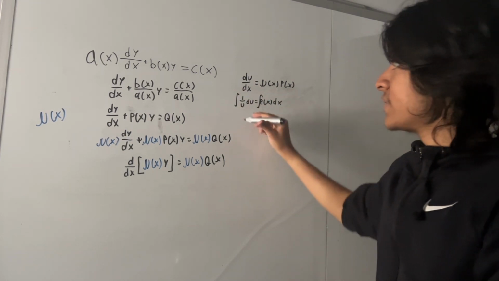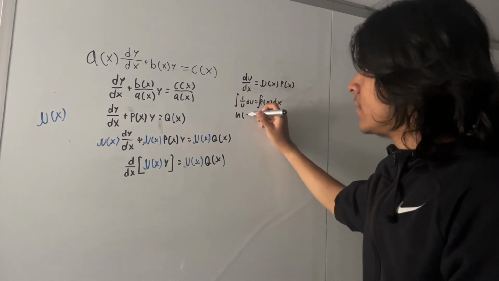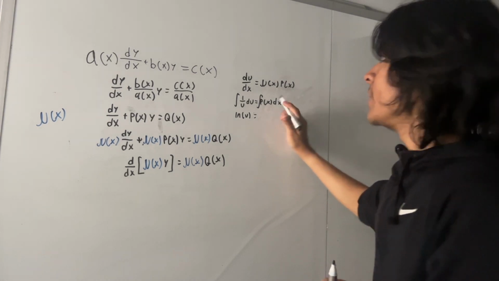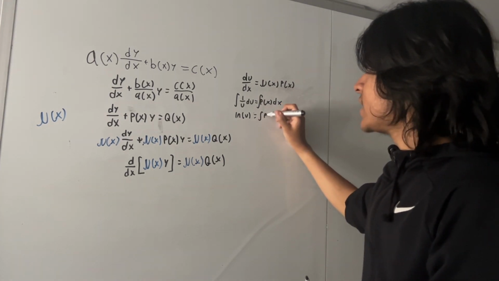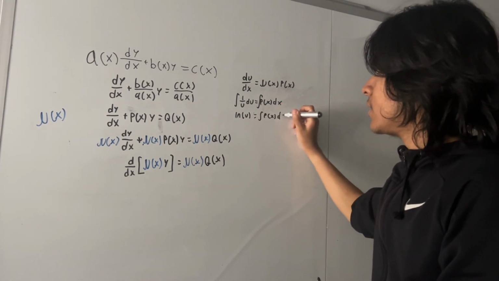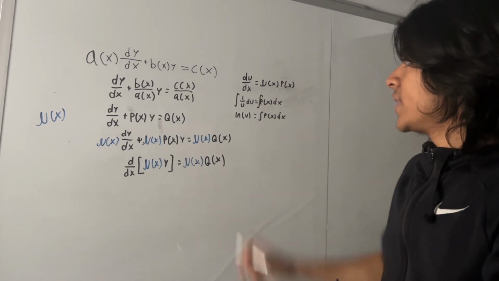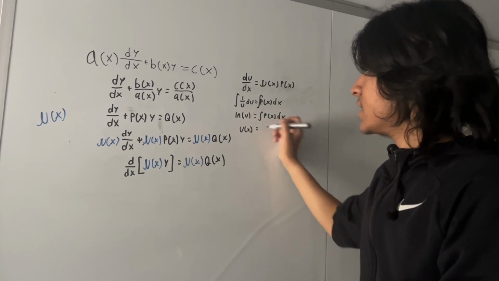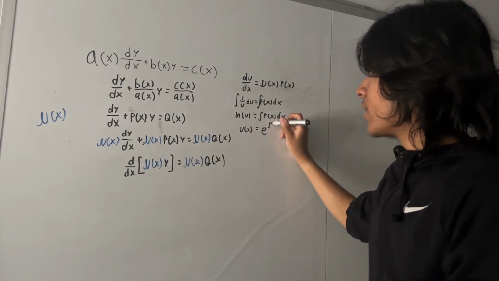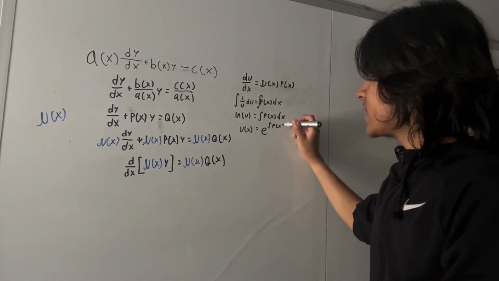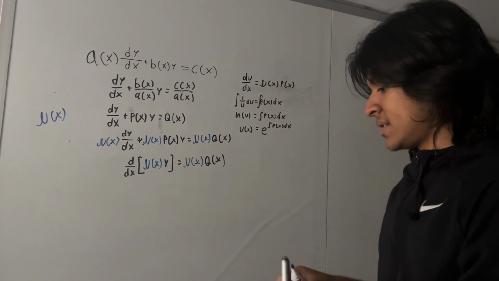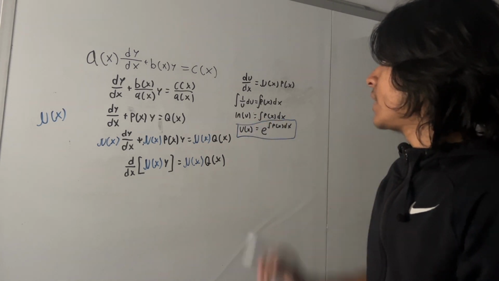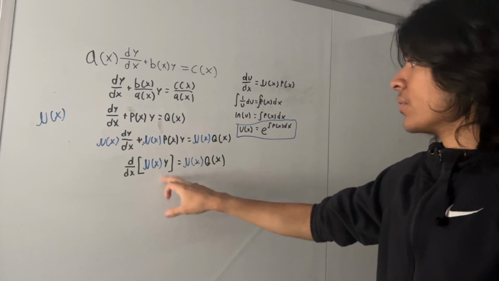When we integrate the left side, we get ln of u is equal to, and on the right side we're just keeping it the same because we don't know what p of x is. And then solving for u of x, we get u of x is equal to e to the power of the integral of p of x dx.